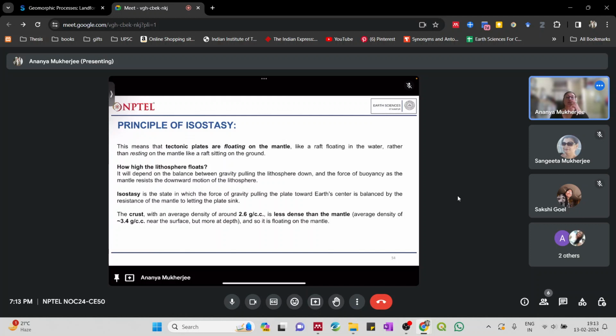So what would be the depth of this lithospheric column for it to float on the mantle?